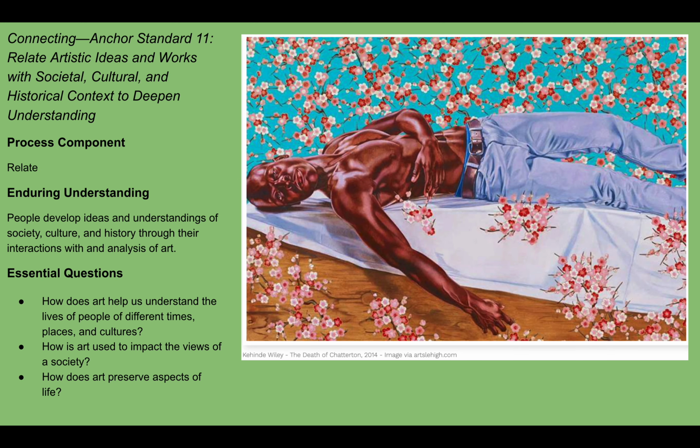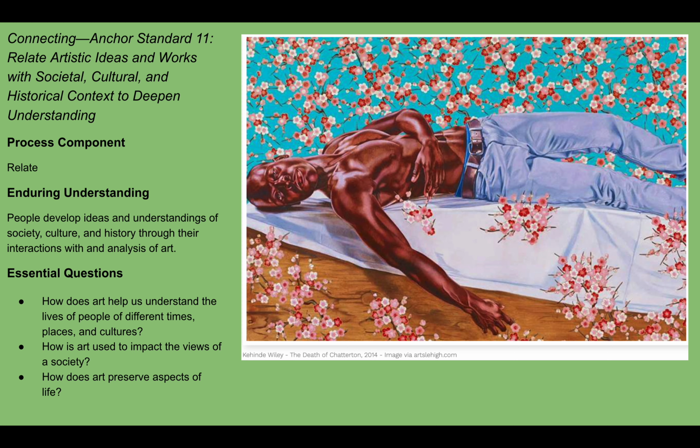And lastly, the anchor standard number 11. This is connecting again. This is when students are going to relate artistic ideas and works with societal, cultural, and historical context to deepen their understanding. And so this is really where everything all comes together. Why does the artist choose to represent what he's chosen?